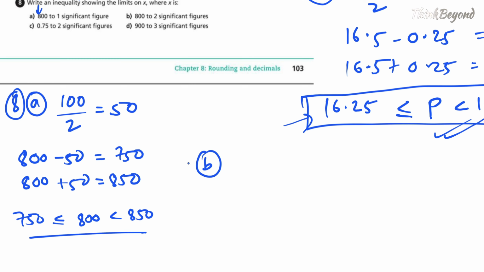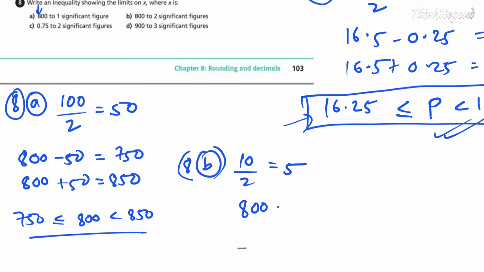Now for question 8b, 800 to two significant figures. Now two significant figures are 8 and 0, right? The last significant figure is in the tens place. So half of 10 is 5.